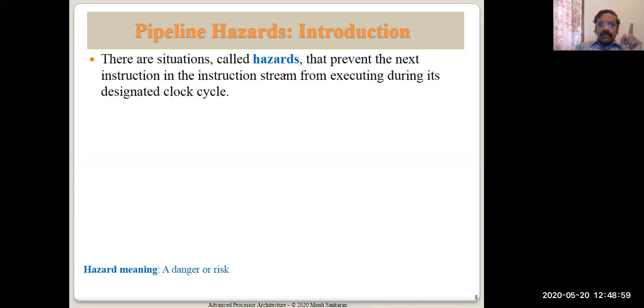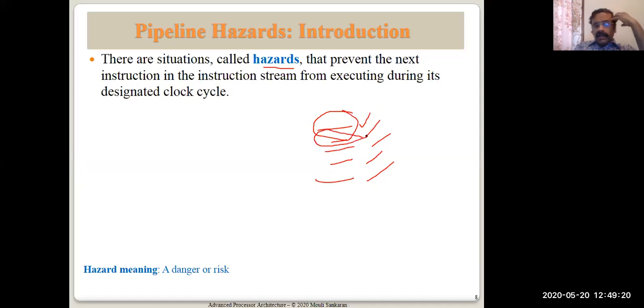There are situations called hazards that prevent the next instruction in the instruction stream from executing during its designated clock cycle. When we write assembly code, we assume that one instruction is completely executed before the next is taken. Our mental model is that the CPU is unpipelined.